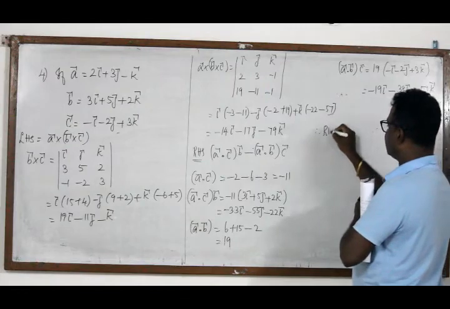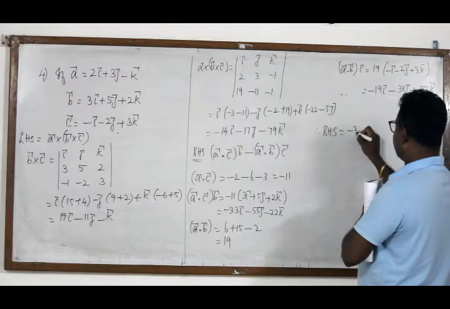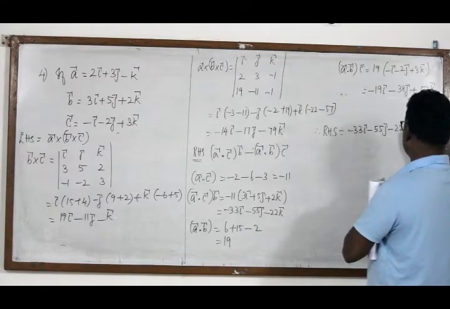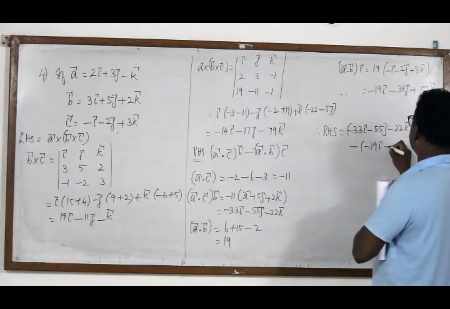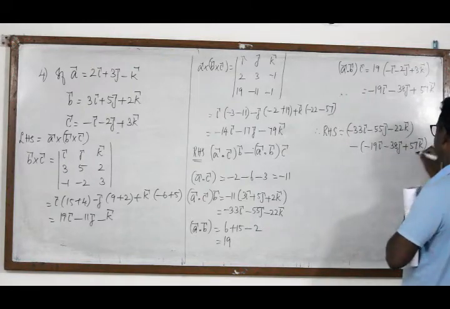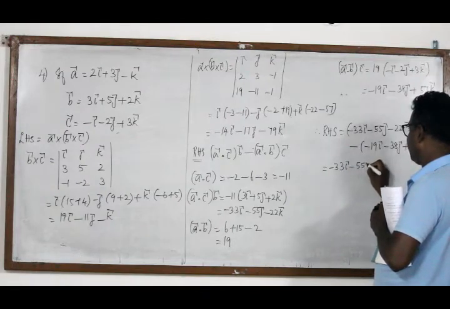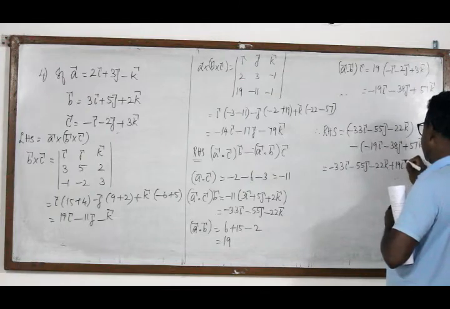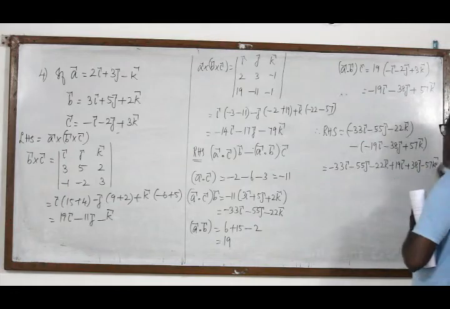Therefore, RHS is, I have to subtract this vector and this vector, that is minus 33i minus 55j minus 22k minus (minus 19i minus 38j plus 57k). It is minus 33i minus 55j minus 22k plus 19i plus 38j minus 57k.